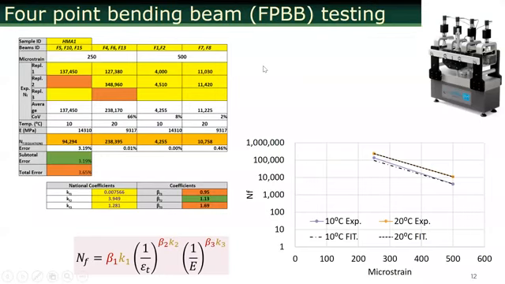Okay. Now we were talking about the Excel sheet that I had to come up with these factors: beta 1, beta 2, and beta 3. As I said, this is a simple Excel sheet. So I have 3 replicates or 2 replicates of beam fatigue data at different microstrain levels. These are the beam IDs.